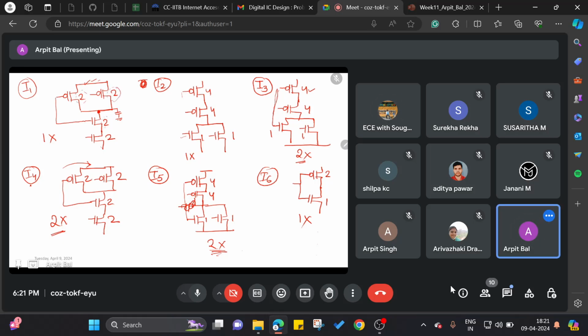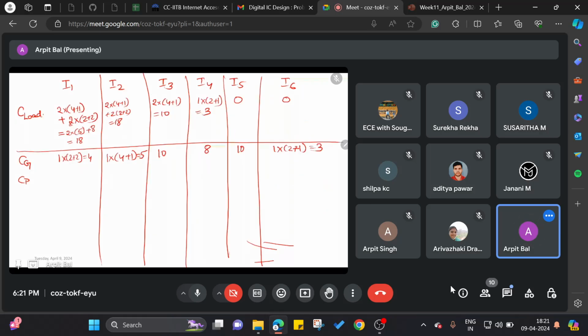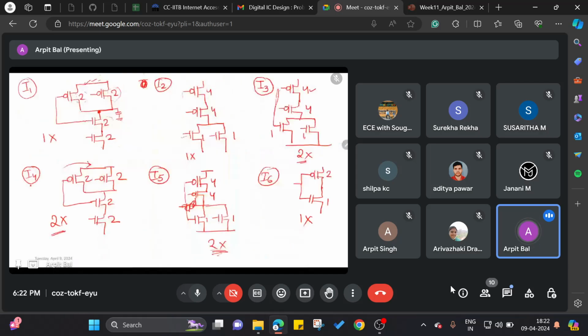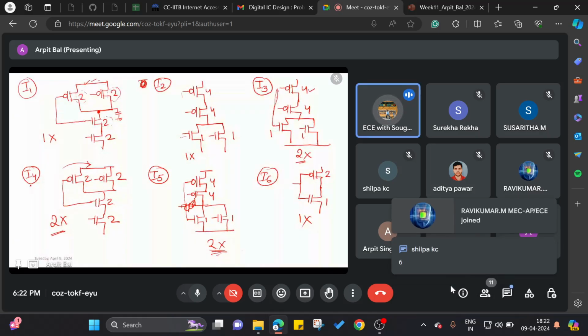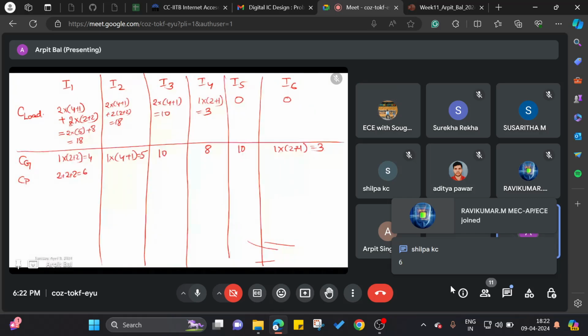It is 6C, that is 2 plus 2 plus 2. Similarly, for I2, I3, I4, I5 and I6. I2 is 6C. Correct.